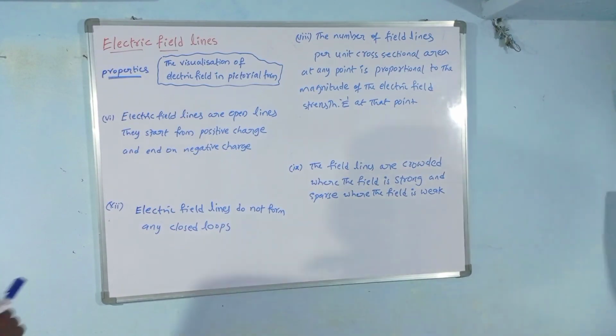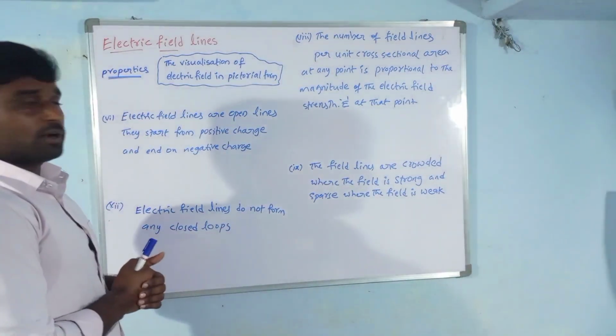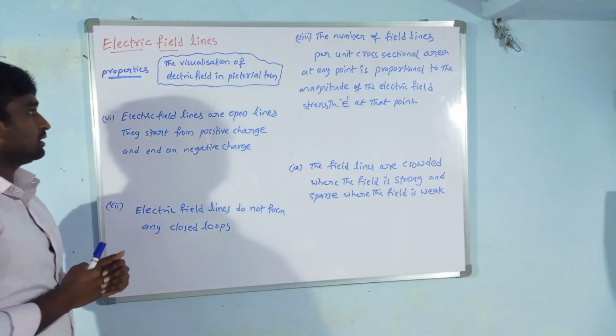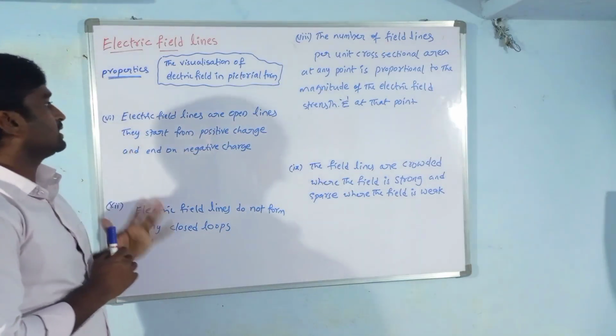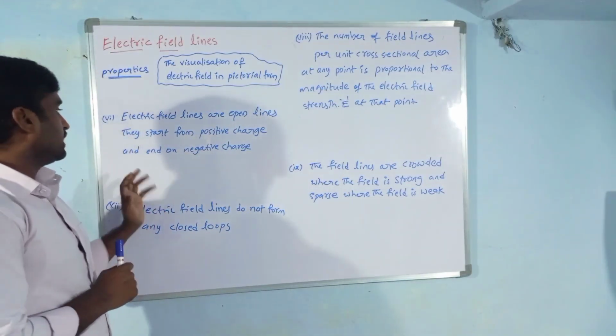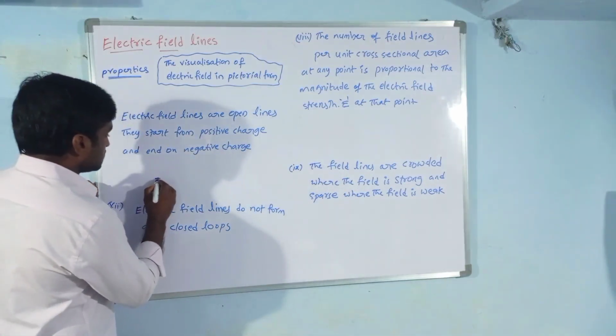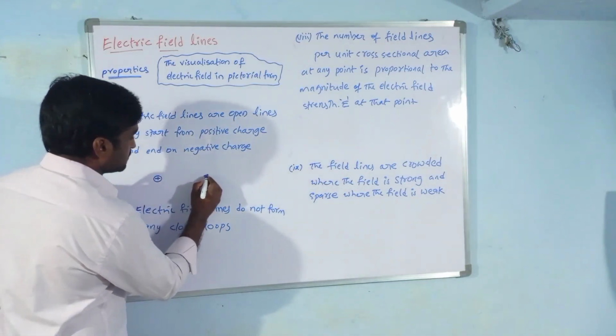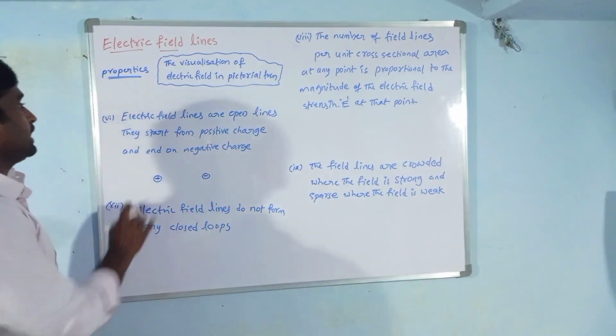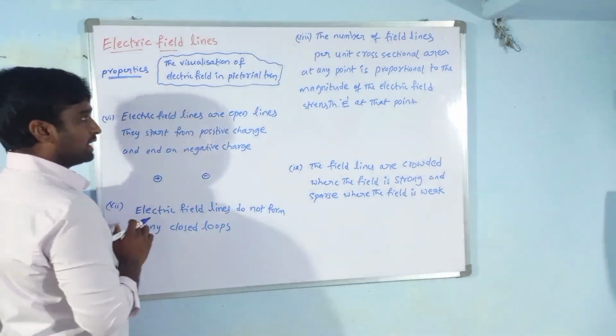Okay, see here. Next, the sixth property: electric field lines are open lines. They start from positive charge and end on negative charge. See here, this is the positive charge, this is the negative charge. So electric field lines are open lines.